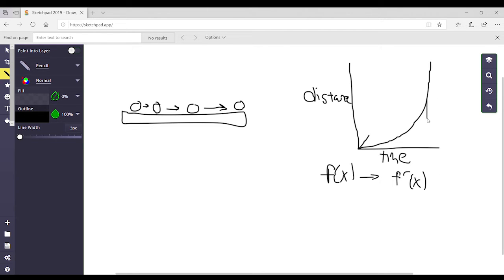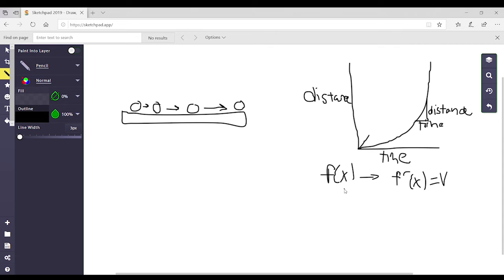Well, you can imagine that this is our distance, this is our time, and a derivative is basically the y over the x. So it's distance per time. And distance per time is the same thing as velocity. So f prime of x would be your velocity. I'll just write a v to represent velocity.